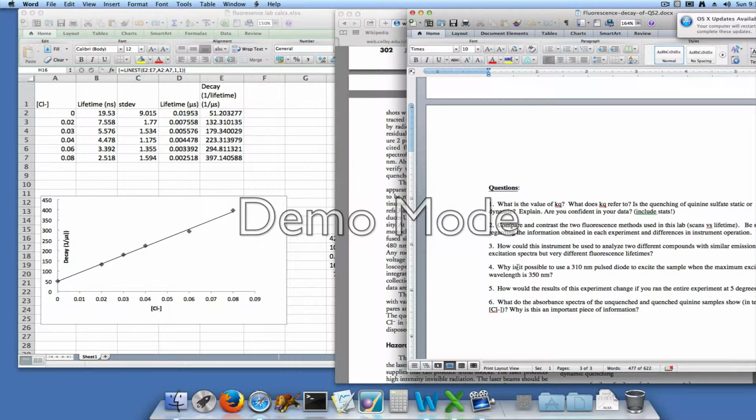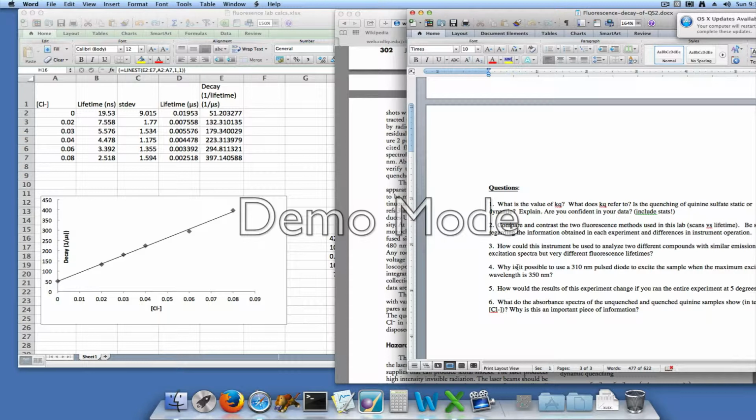Why is it possible to use a 310 nanometer pulse diode to excite the sample when the maximum excitation wavelength is 350 nanometers? That's because the emitted photons are of a different energy than the exciting photons.